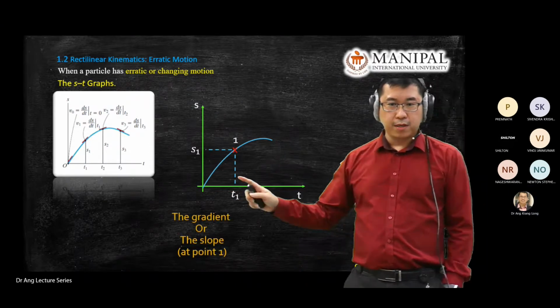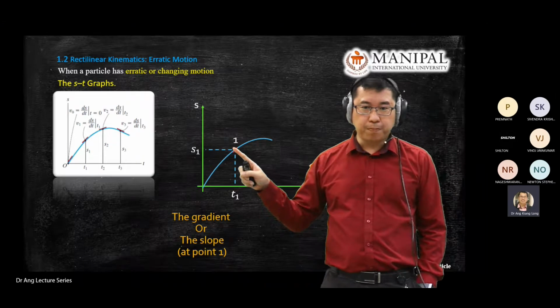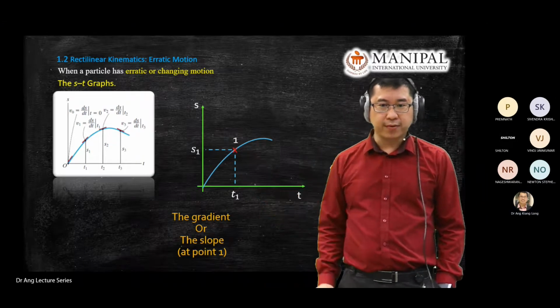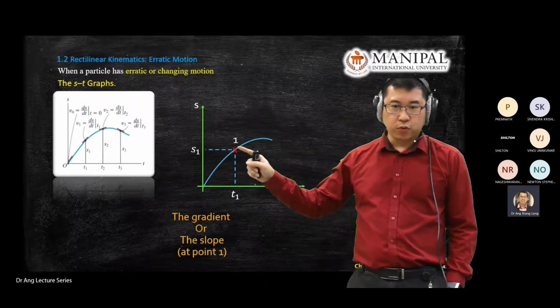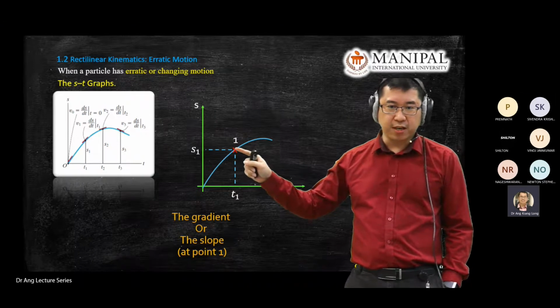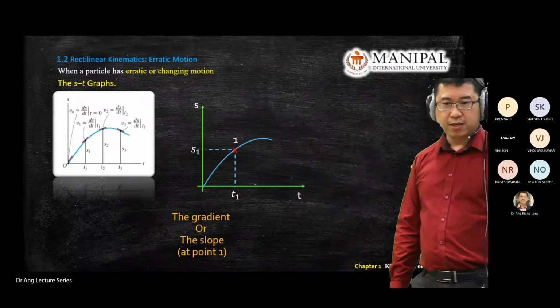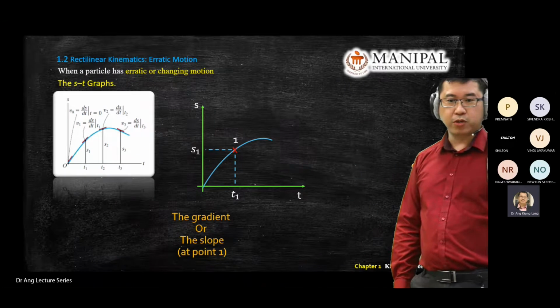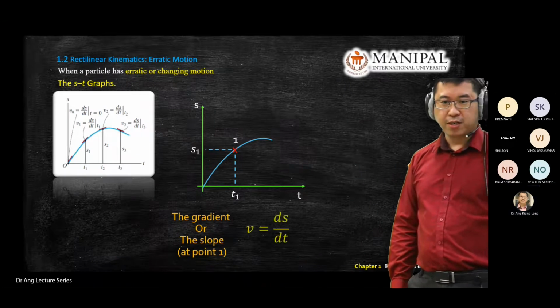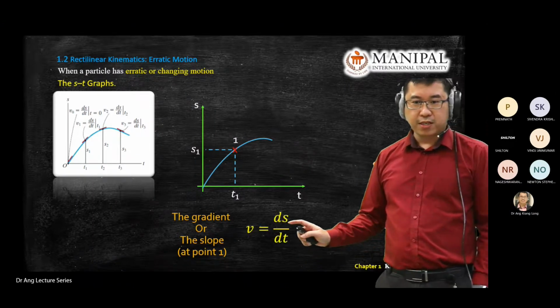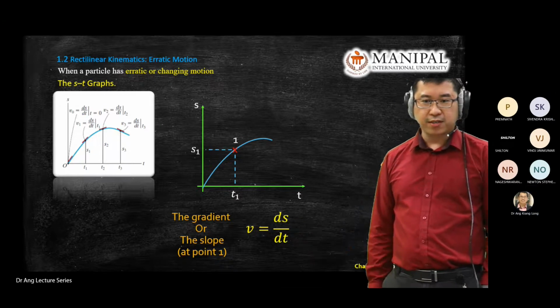To find the slope or gradient at this point, mathematically you need to use the differentiation equation, which is ds over dt.